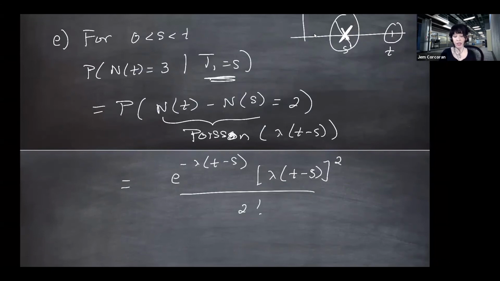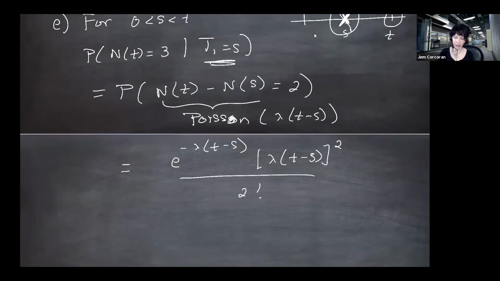And again, just like in the one before, I could rewrite this whole thing in terms of what's going on with the N's, if you really just want to use the N's because you're comfortable with those, because it's a well-defined process. So let me just try the rewrite here. The probability that N of t is 3, given T1 is s.